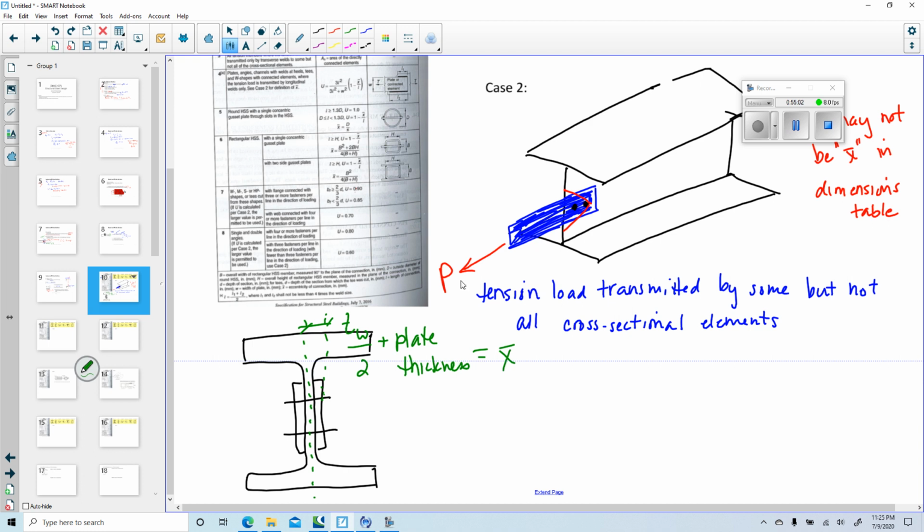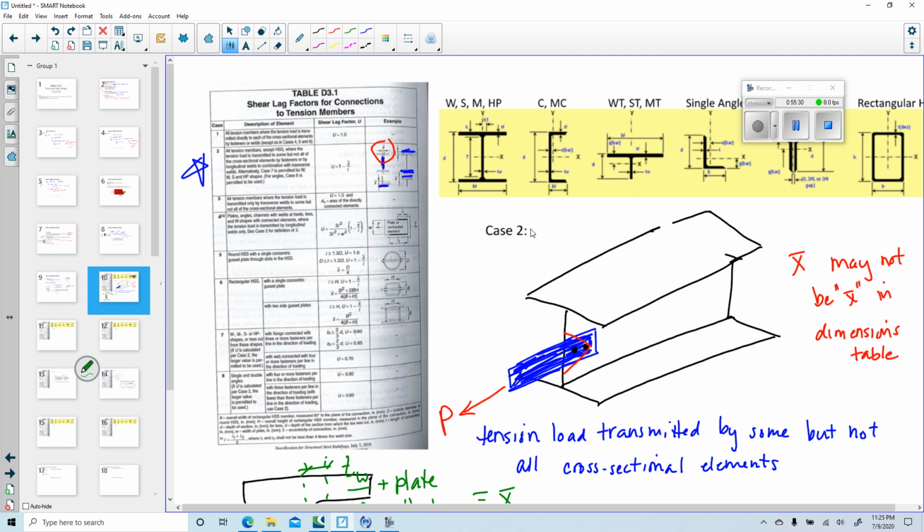Now, if you're looking at a T, we'll talk about that. Yeah, we're looking at a T. It'll tell you. So keep in mind that these might not be readily available, is what I'm trying to say.